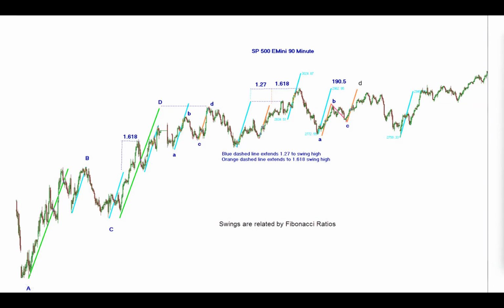Now, the Fibonacci extensions that I told you about, the 1.27, I'm sure a lot of you are familiar with the 1.618, maybe even the 1.27. But if you're not, you really should get to know them and let them be your friends in trading, because these are Fibonacci extension ratios that are occurring all over the place. And so some of these swings expand by these ratios. So let's take a look at that.